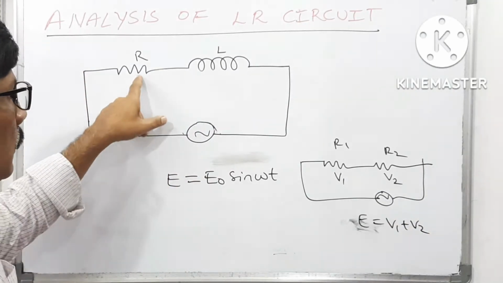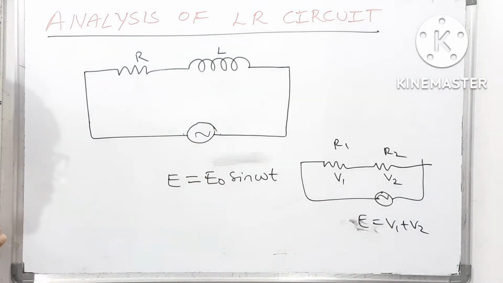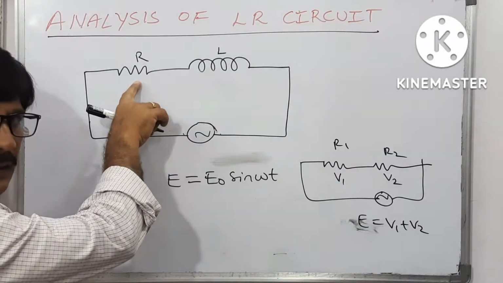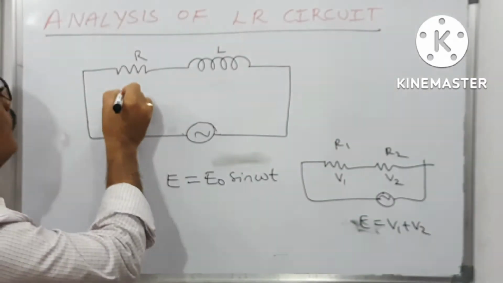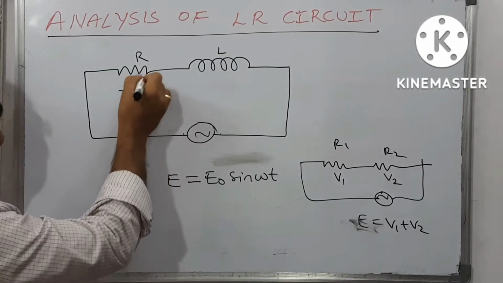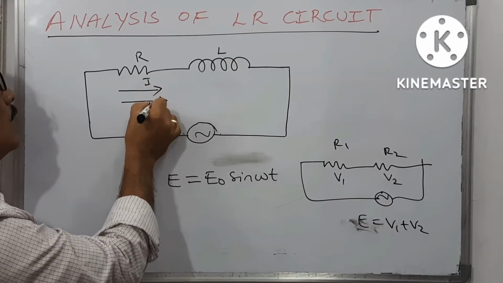But here these are not two resistors. One is a resistor and one is an inductor. You know already when I was discussing pure resistance, AC through pure resistance, I said the current in the resistor and the voltage across the resistor both are in the same direction.